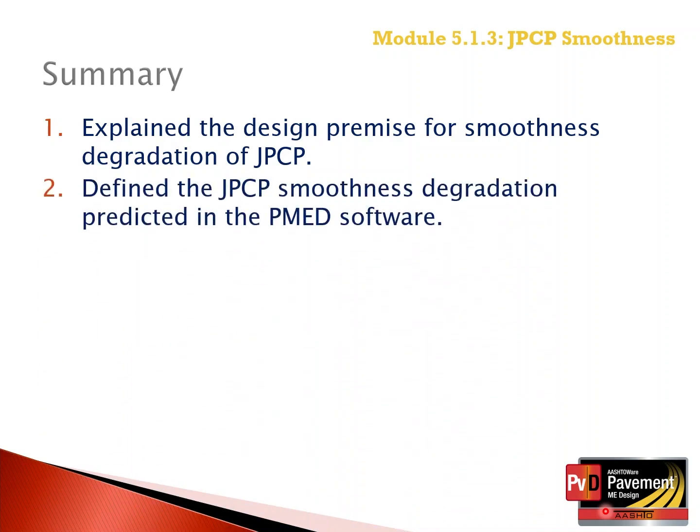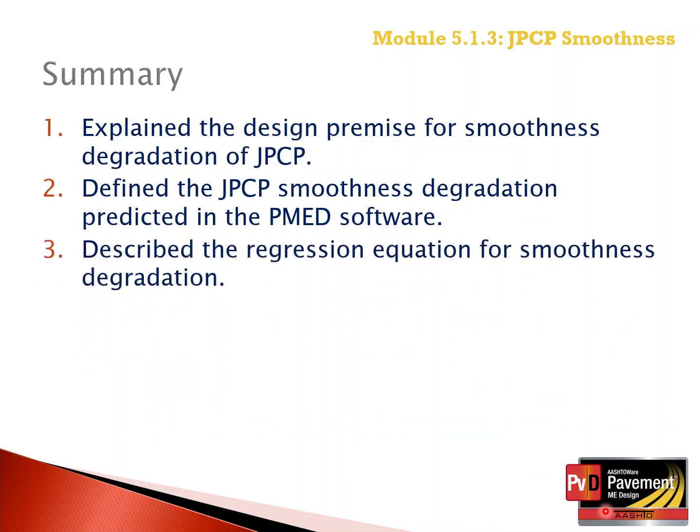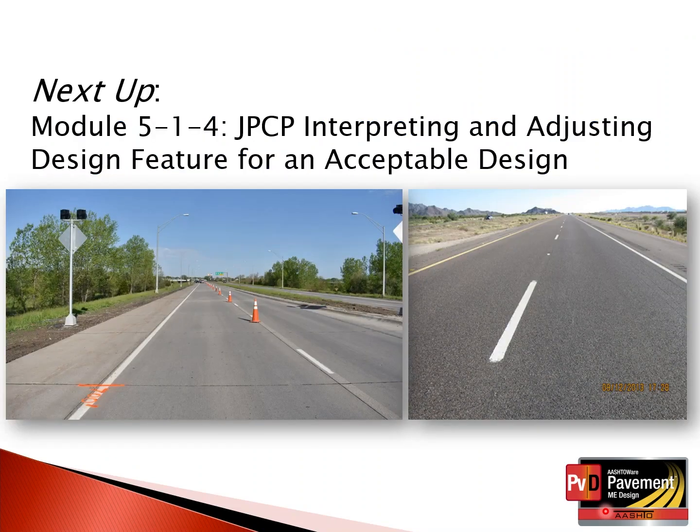We defined the smoothness degradation predicted in the PMED design software, and we described and explained the regression equation and the coefficients within the degradation for calculating smoothness degradation throughout the design period of jointed plain concrete pavements. This ends Module 513 on JPCP Smoothness Degradation.